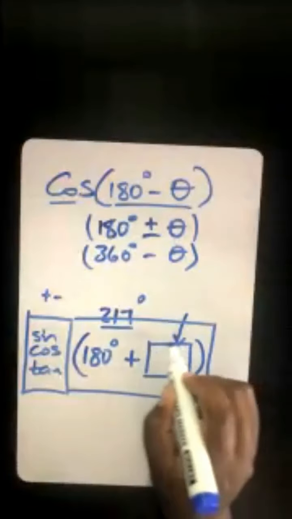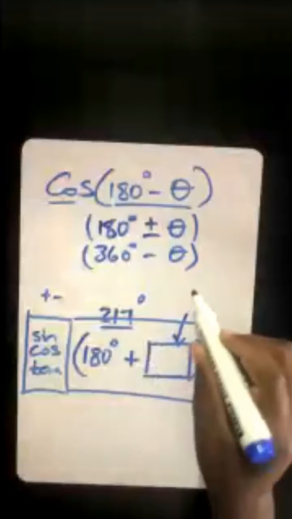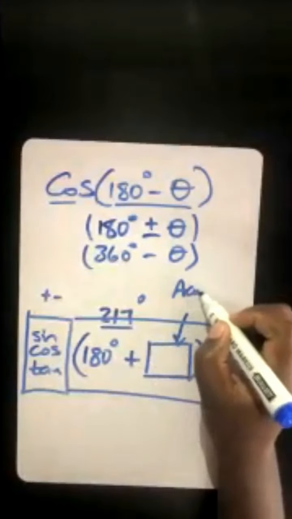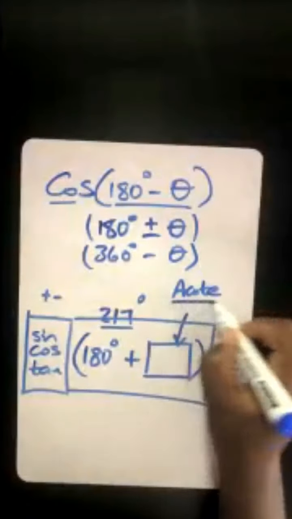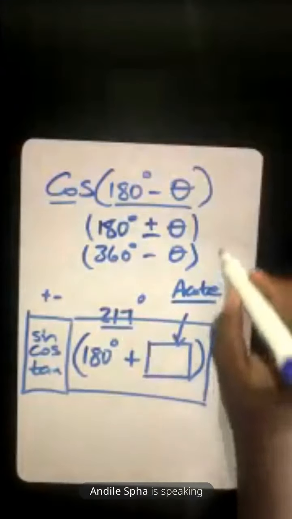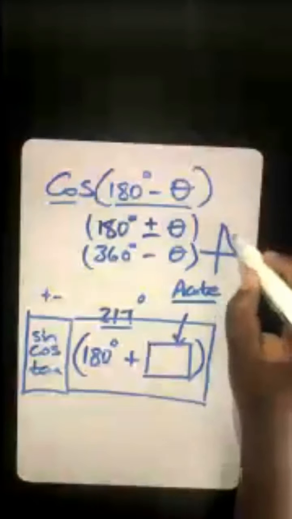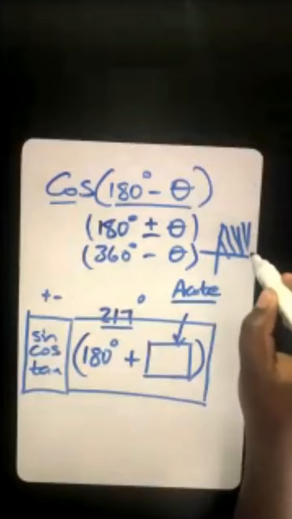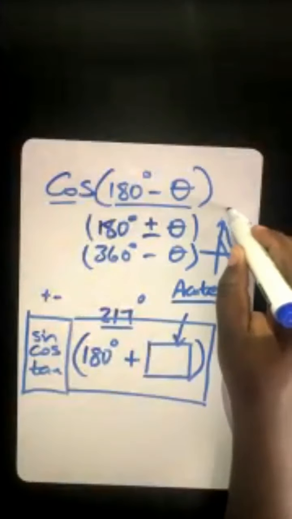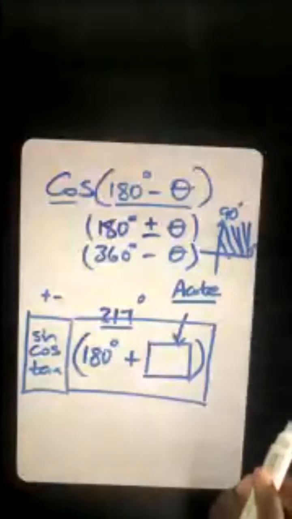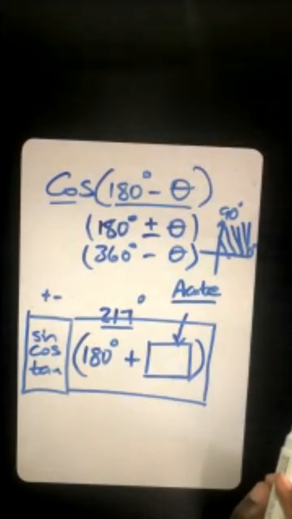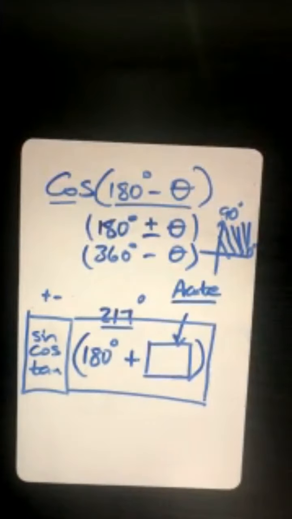And this angle, guys, always has to be an acute angle. What is an acute angle? An acute angle is that angle that falls in the first quadrant, which is between 0 degrees and 90 degrees. Does it make sense now, guys? Yes, sir.